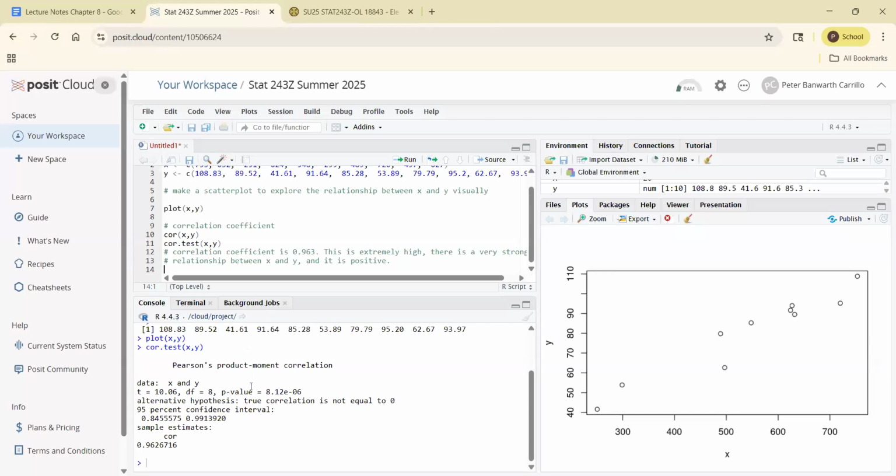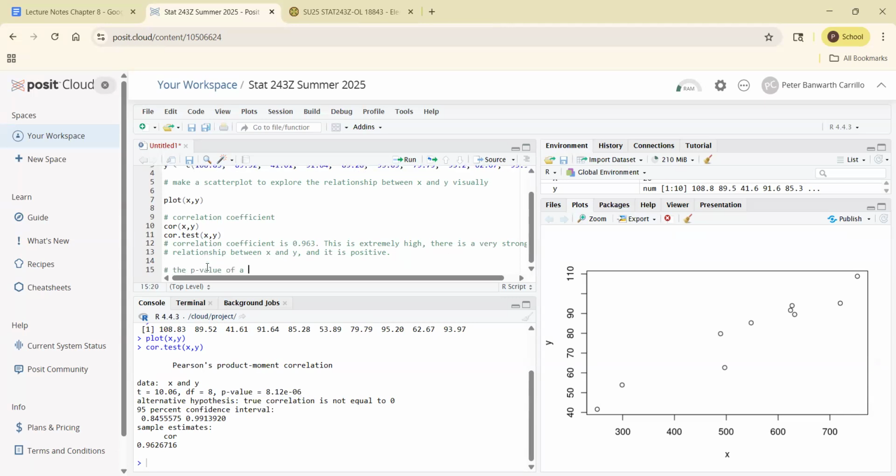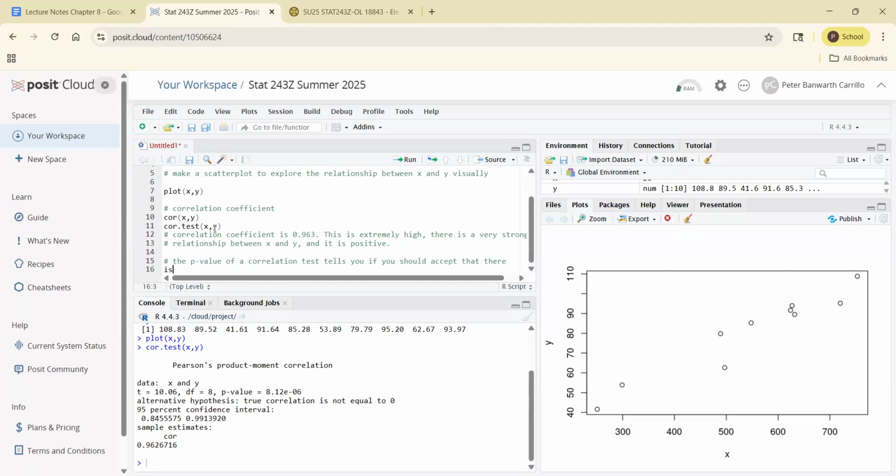Cor.test also tells you some other things. It tells you the p-value. The p-value of a correlation test basically tells you if you should accept that there is a significant relationship between the variables.